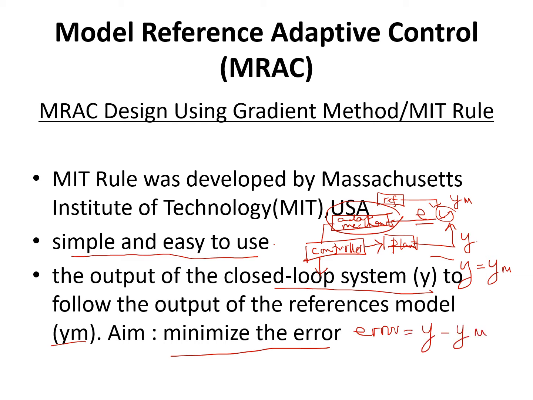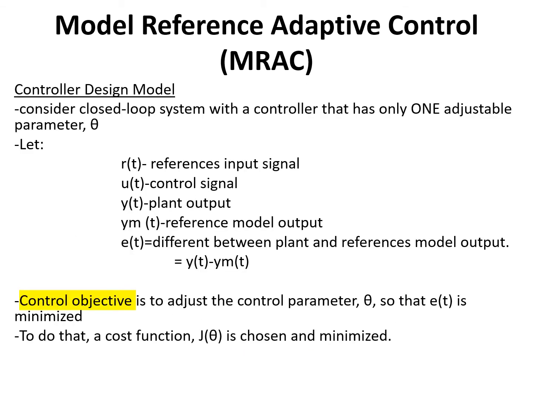We want to minimize the error by designing a controller that has one or two adjustable parameters based on the error itself. So that is the gradient method or MIT rules.